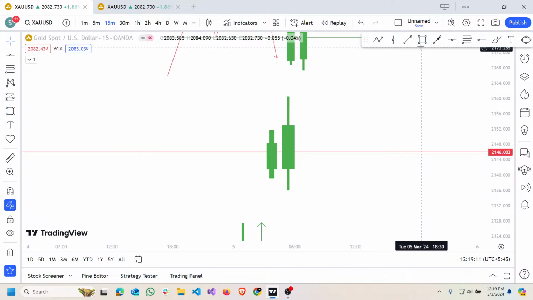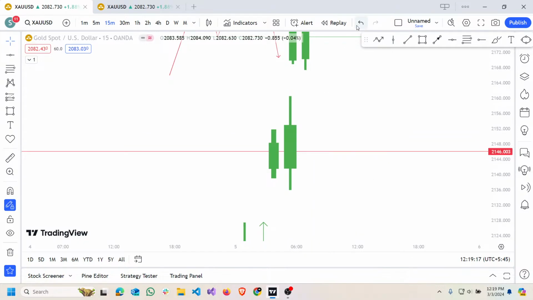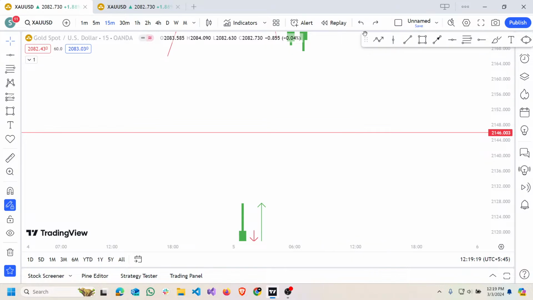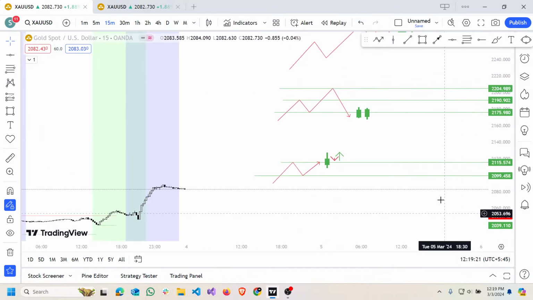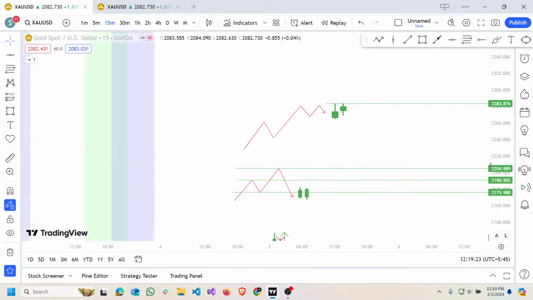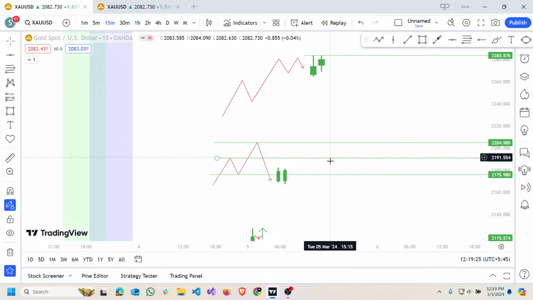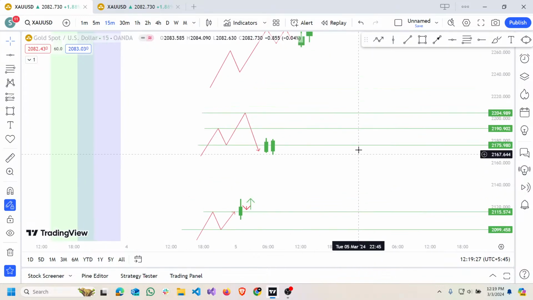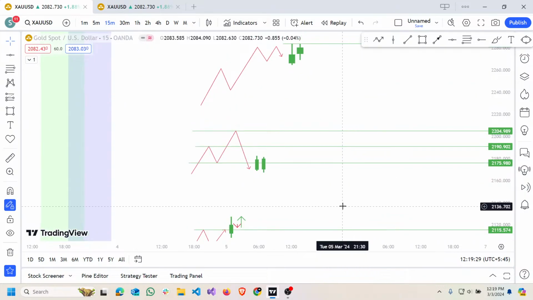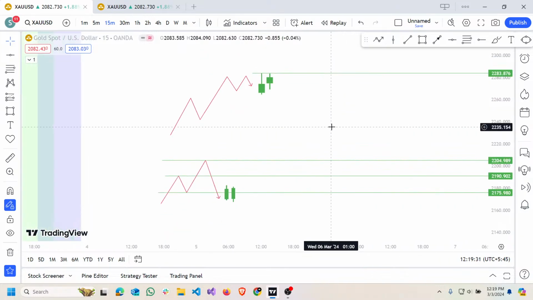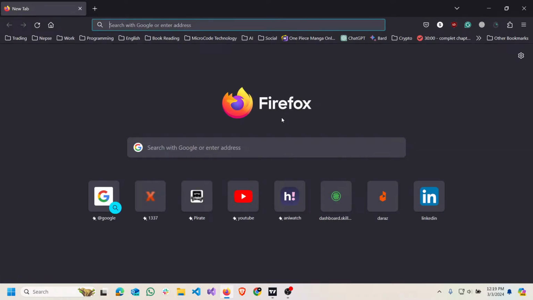Then we have a fake out, so we can take a sell here, buy here, and wait for the market to close that. This is it for now. I could add more setups in future, but for now I'm trading just this, and I'm pretty profitable for a couple of weeks.